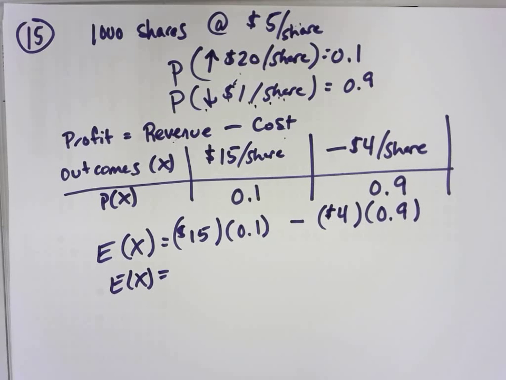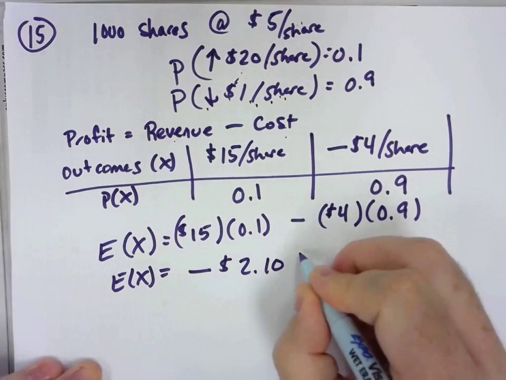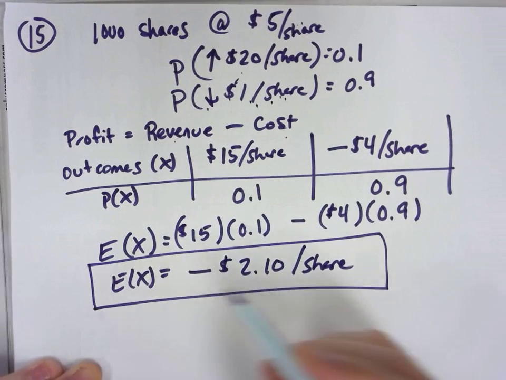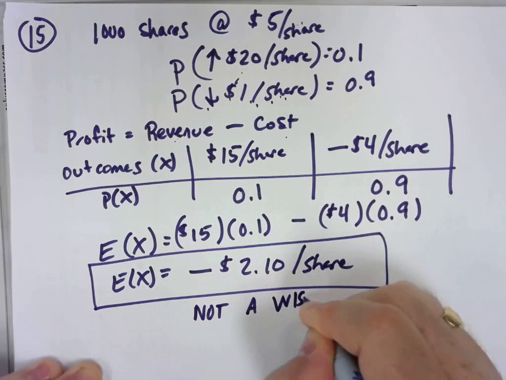Okay? So we're going to say 15 times 0.1 minus 4 times 0.9, and you end up losing $2.10 per share, okay? So this was not a wise investment.